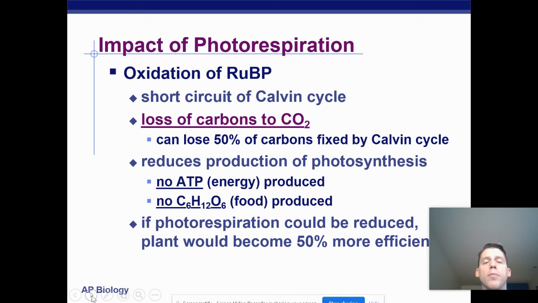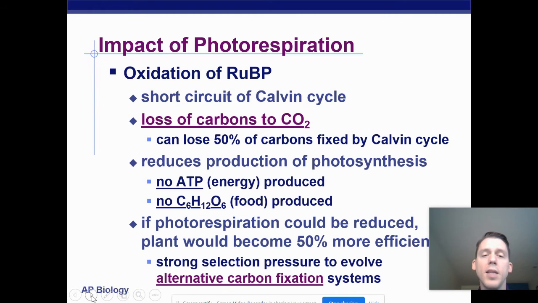But if we could reduce photorespiration, if we could lower it as much as possible, the plant is going to become a lot more efficient. So in hot, dry climates, there have been selective pressures that evolved alternative carbon fixation systems. So there are plants that exist in hot, dry climates, and they can deal with photorespiration a little bit better.